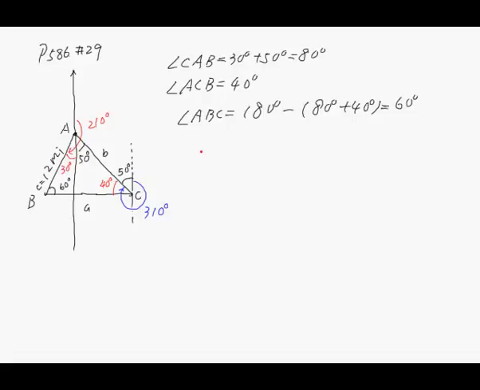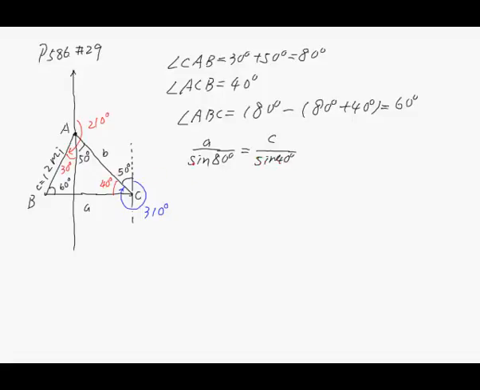So a over sine 80 degrees, because angle CAB is equal to 80 degrees, is equal to c over sine 40 degrees.